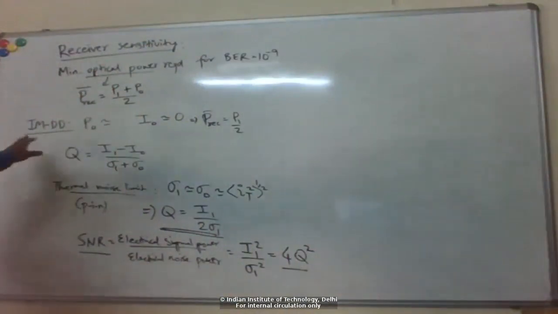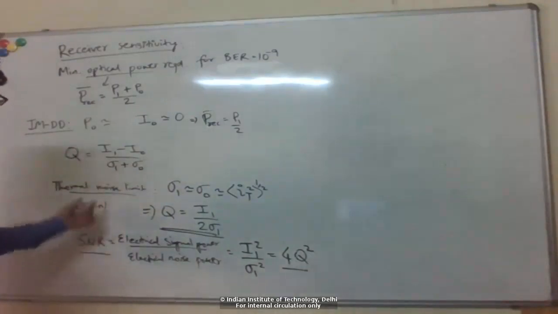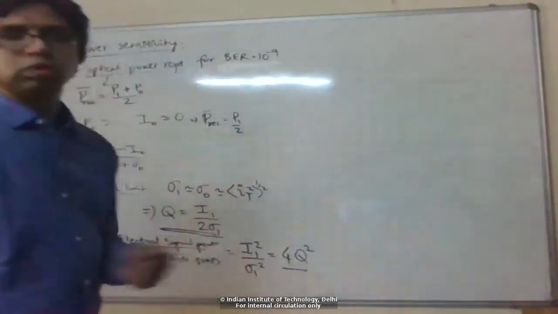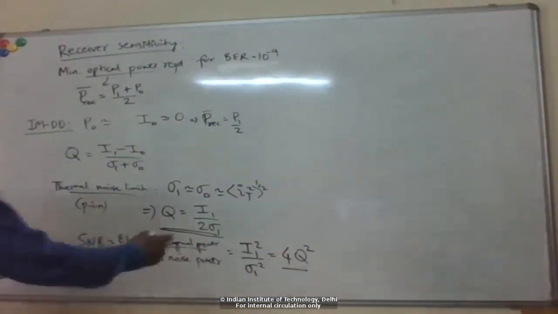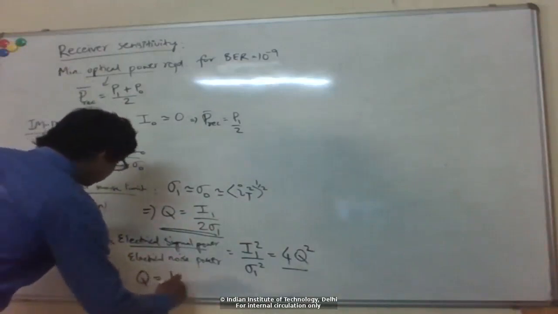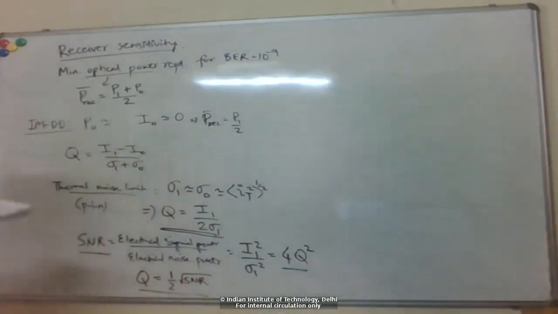Specifically in this IMDD case, if you are in the thermal noise limit, then the SNR is 4 times Q squared, or Q is half of the square root of SNR.